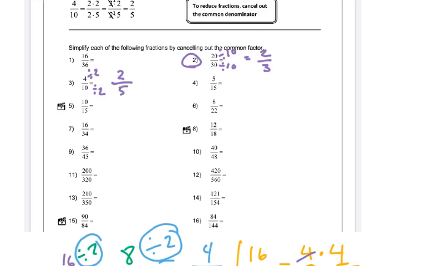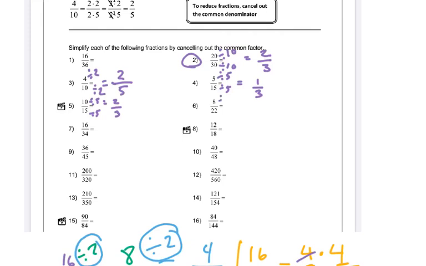These both, numerator and denominator, both end in a 0, 2, 4, 6, or 8, and so we can divide by 2. And number 4, we're still using the divisibility rules. They're both divisible by 5, so this breaks down to 1 out of 3. And number 5, they're still both divisible by 5, and this breaks down to 2 over 3.